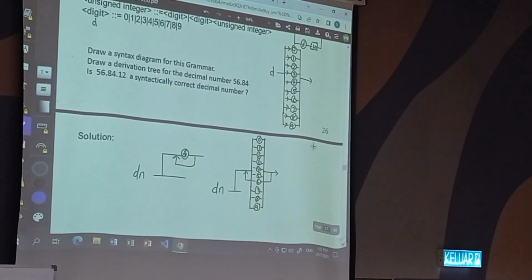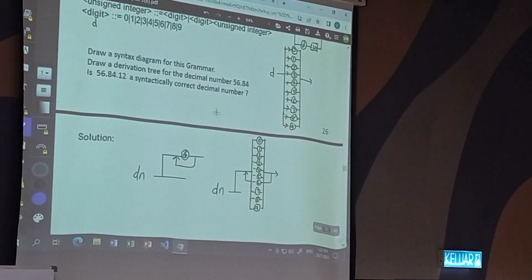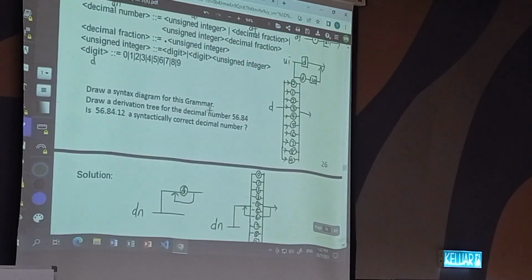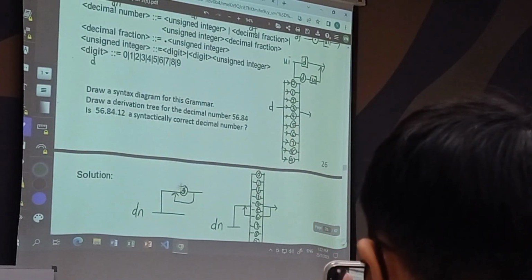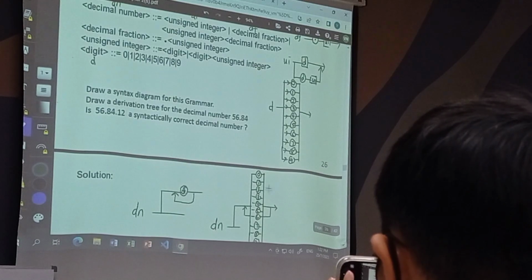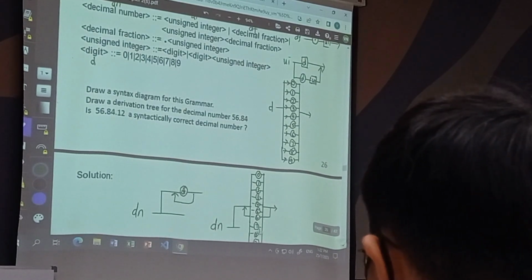Okay. Because just now the first one is a decimal number, the up here is unsigned integer, right? And then the unsigned integer you can substitute with what? This one? Digit or digit unsigned integer. So when I substitute the digit with the unsigned integer, then the digit I need to replace with 0 until 9.